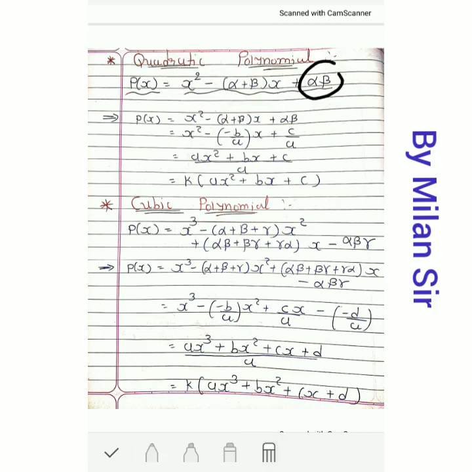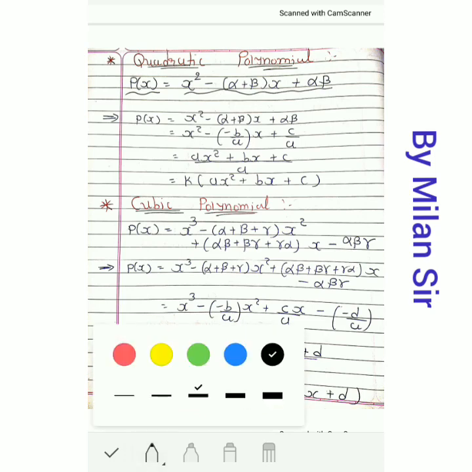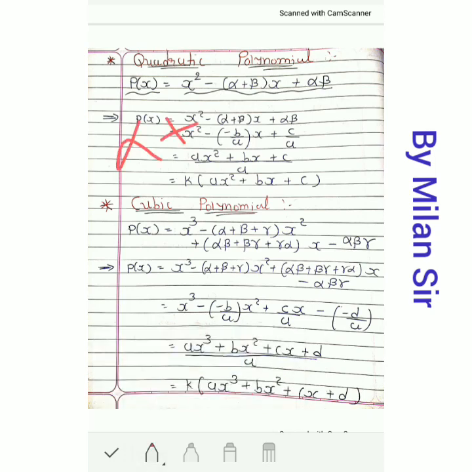Here there is no need to put the value of x, you only need to put the values of alpha plus beta and alpha into beta. Suppose the sum of zeros, that means alpha plus beta, is equal to 2, and alpha into beta is equal to 4.